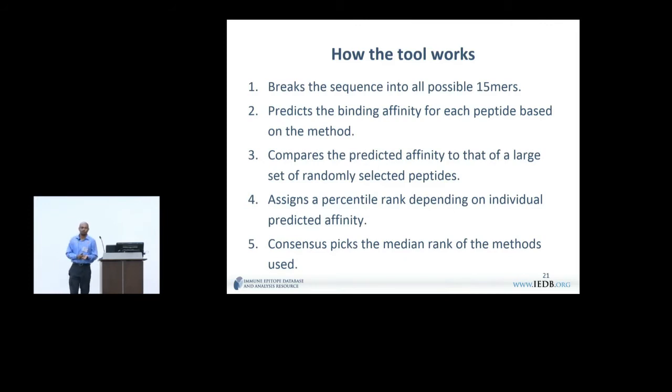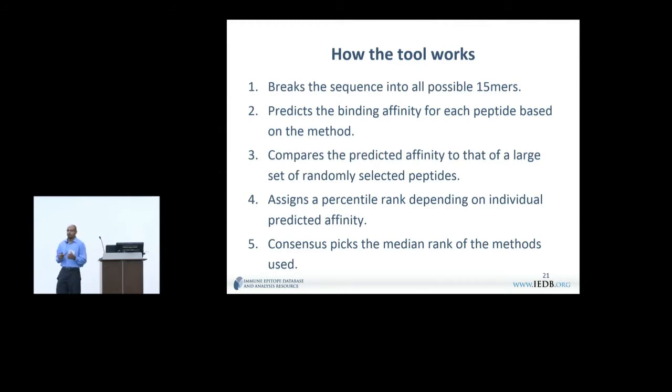So now you have your sequence, you have the prediction method, and you have chosen the alleles. Now what happens once you submit? Let's see how the tool works. First of all, the tool breaks down the sequence into all possible 15-mers, so the peptides will be overlapping by 14 amino acids.